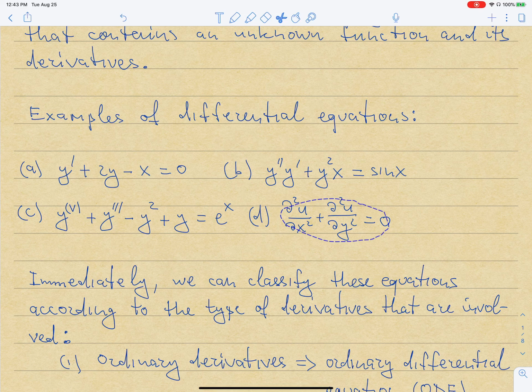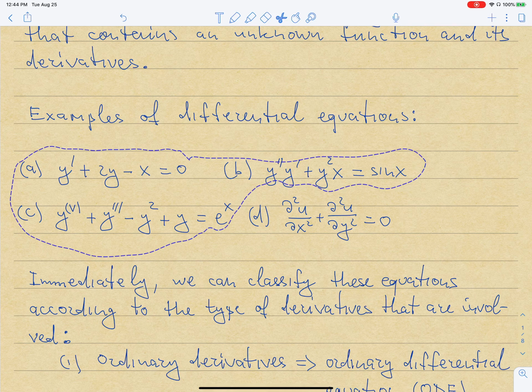Okay, so that's one classification. For the rest of this course, we're not going to worry about things like D, and instead we will try to figure out strategies of how to solve A, B, and C, and other similar equations. Now, what else can we see in all three of these equations?